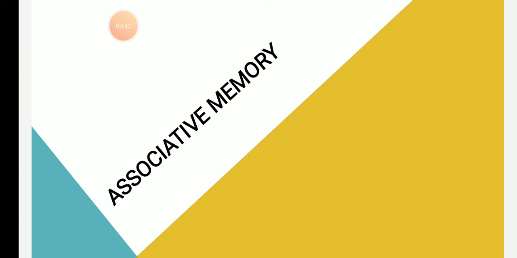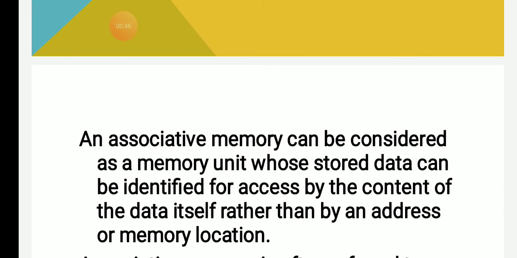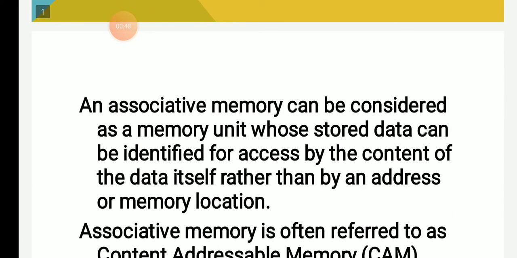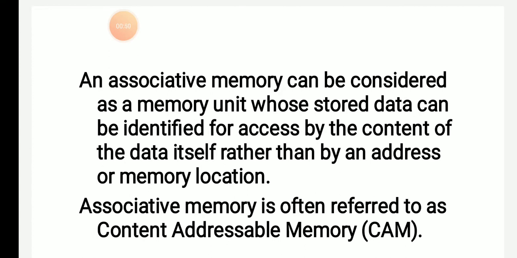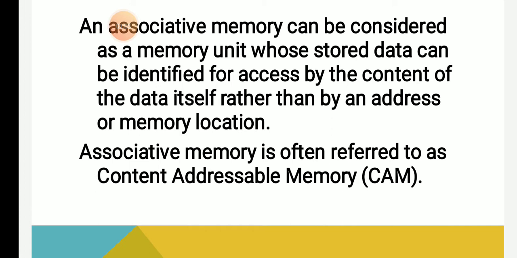So associative memory can be considered as a memory unit whose stored data can be identified for access by the content of the data itself rather than by an address or memory location.